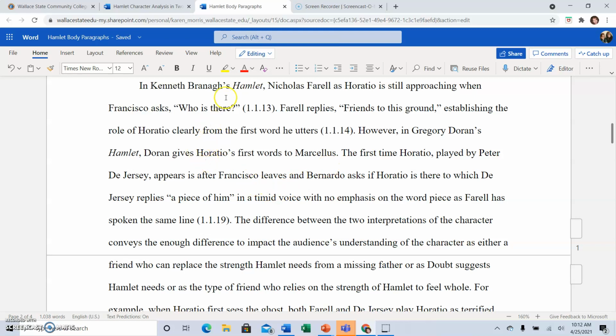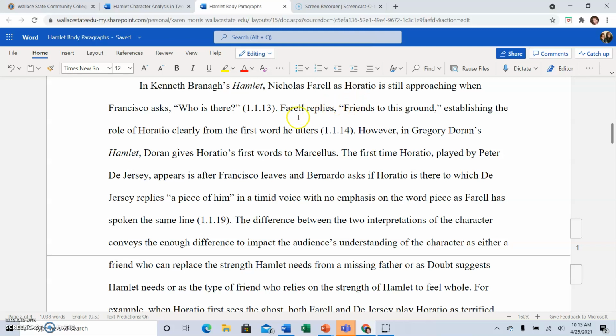So now I am talking about the 2 film versions. So in this, you can pause and read this. I am starting with Kenneth Branagh's Hamlet. So I italicize Hamlet because it's the title of the film/play. And then I give the name of the person playing Horatio. So make sure that's clear as you're beginning your discussion and continue reminding the reader which actor you're talking about.